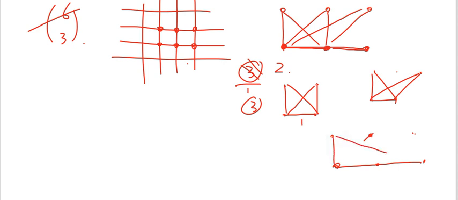But again, these 2 triangles are the same, so we cannot count them twice. So if there's 2, we still have only 2 of them, right? So totally we can have 2 plus 2. We can only make 4 different triangles.